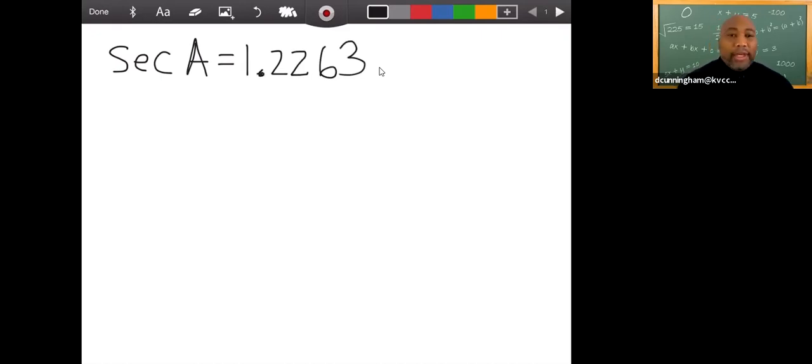Now already you're thinking, Mr. C, secant is not one of the big 3, right? It's not sine, cosine, or tangent. So you already know that there's an extra step when it comes to the other 3. And we know we're going to be using some reciprocal. So we've got to know how to do this.